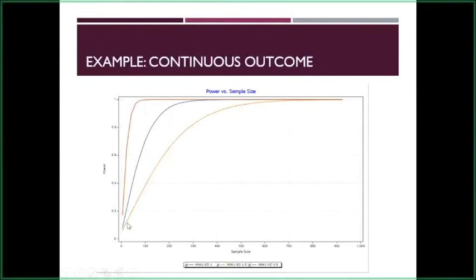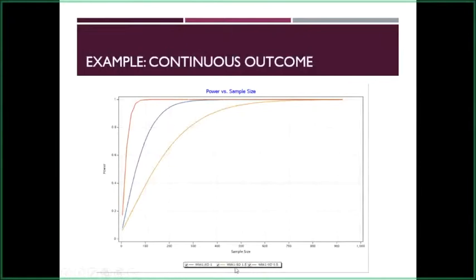The blue curve is what we would expect if the standard deviation of the neuroqual is 1. That's a standardized effect size of 0.5, which is still a moderate effect size, but now we need a total sample size of a little more than 100, maybe 130, in order to achieve 80% power, right? Here's our 80% power line, and we follow it down to the sample size.